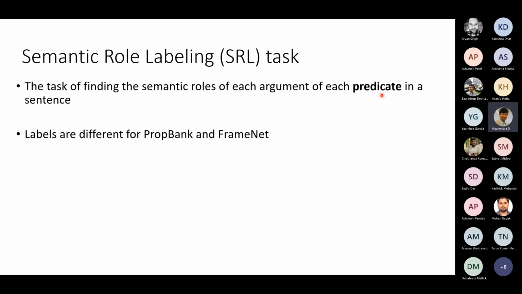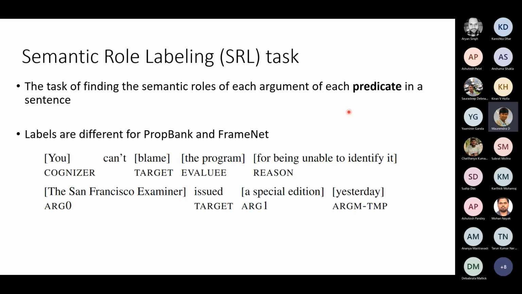Depending on the underlying data set, what labels are present in the data set, the algorithms may vary slightly. So essentially, these labels will come from FrameNet, and these labels are coming from PropBank. The labels are different, and if we want to design an algorithm based on FrameNet data, it will be different.